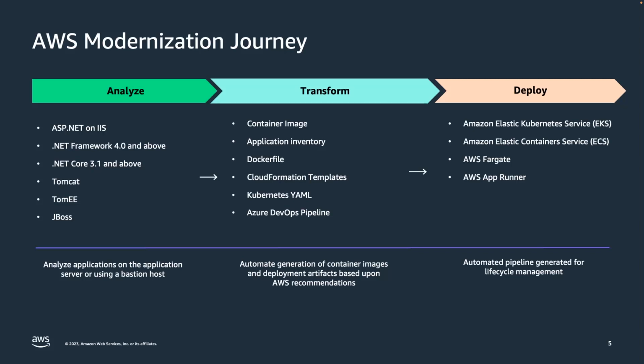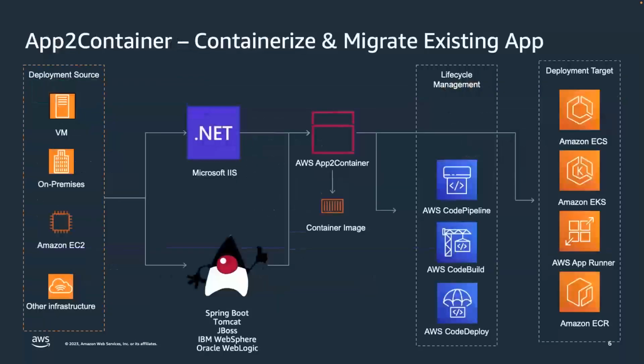So let's look at how we operate App2Container for both Java and .NET applications. Our source application can be deployed on any infrastructure you are currently running your application on. We have no preferences. It can be on a virtual machine somewhere, an on-premises server, Amazon EC2, or any other infrastructure out there in the world.